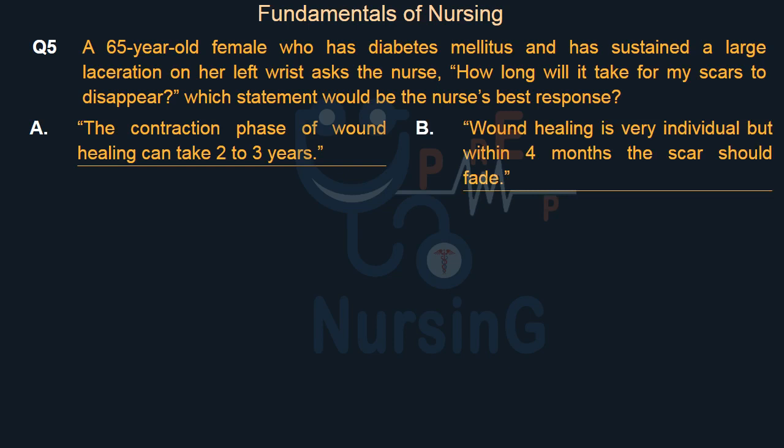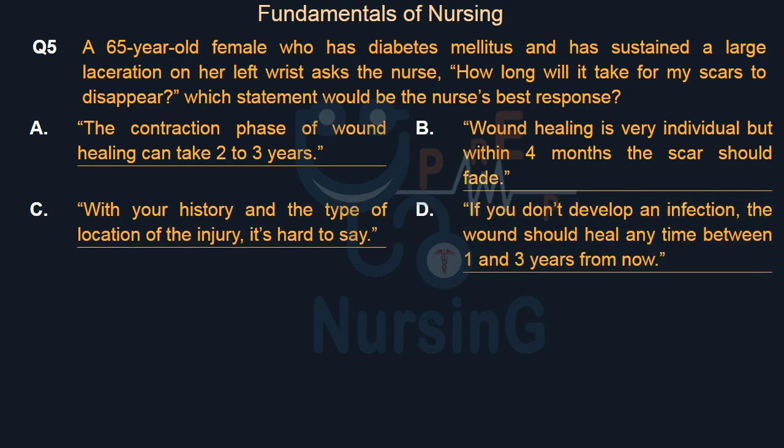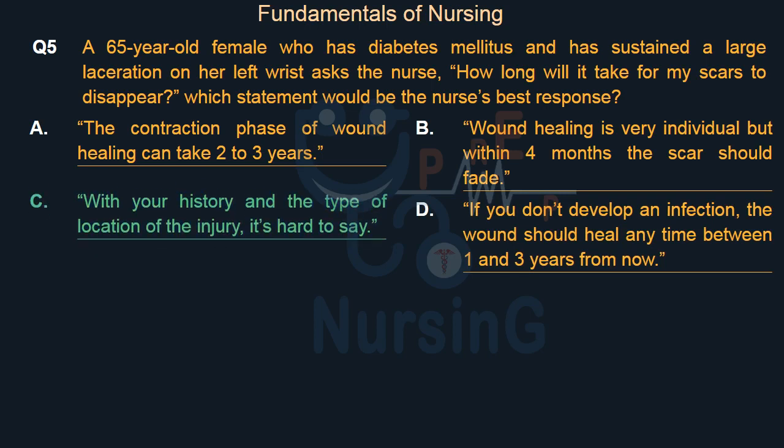Option B. Wound healing is very individual but within 4 months the scar should fade. Option C. With your history and the type of location of the injury, it's hard to say. Option D. If you don't develop an infection, the wound should heal any time between 1 and 3 years from now. Right answer is Option C.